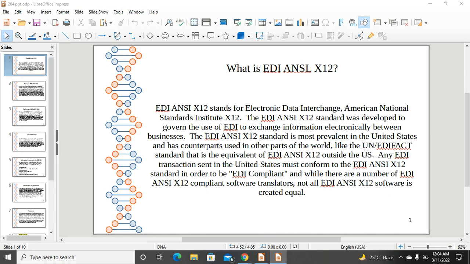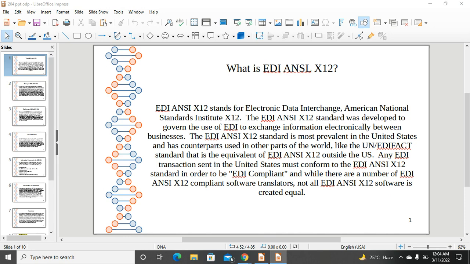History of the EDI X12. The EDI X12 standards were first ratified and made available in 1981. But the origin of what became the EDI X12 standard goes much further back. The origins go as far back as 1960, when railroad companies formed a committee that dealt with the quality of intercompany communication.